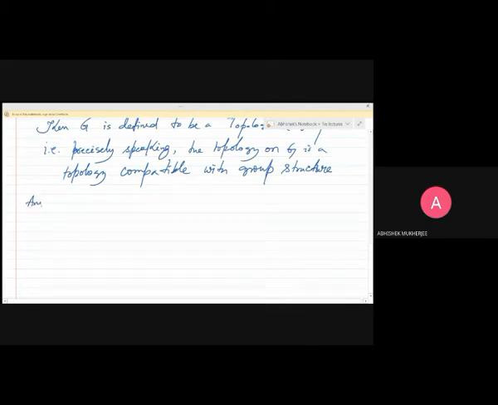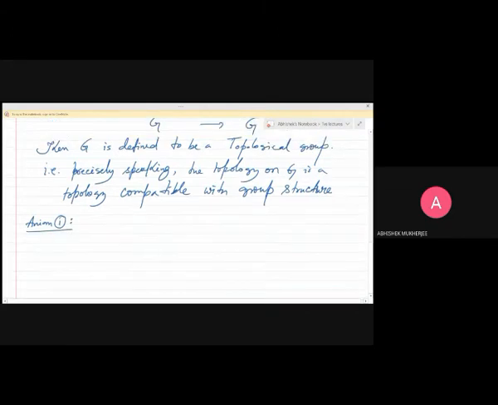Now axiom 1. What does it tell? It tells you that the map xy to x plus y, a map from G cross G to G, is a continuous map.